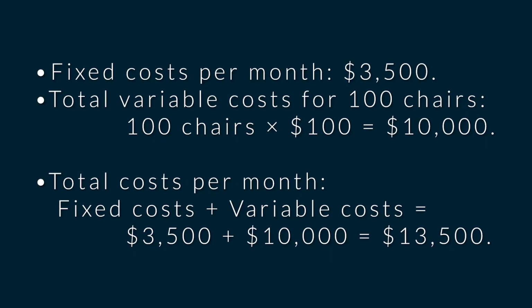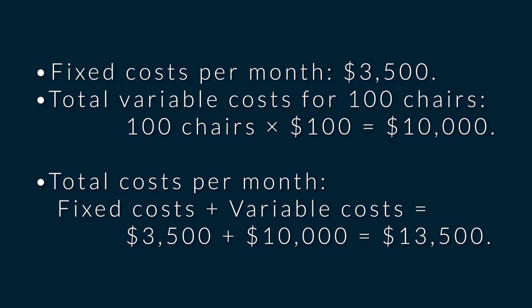The total fixed cost is 3,500. The variable cost is obviously 100 chairs times 100, which gives us 10,000, making the total cost per month 3,500 plus 10,000, and that is 13,500.